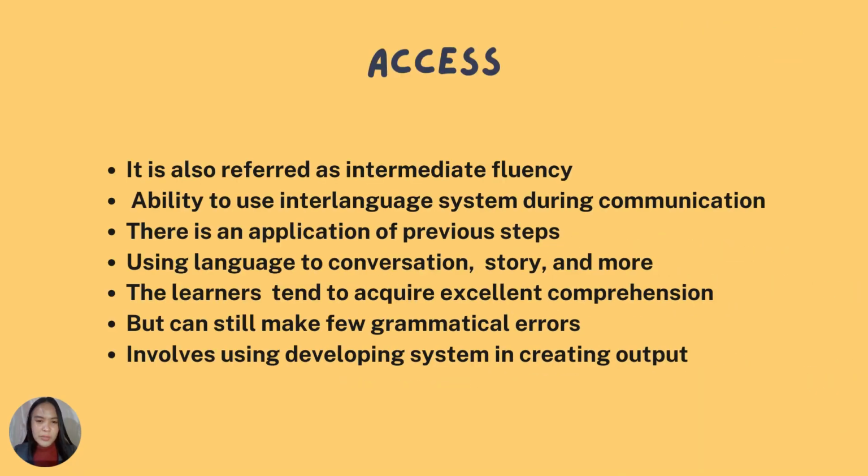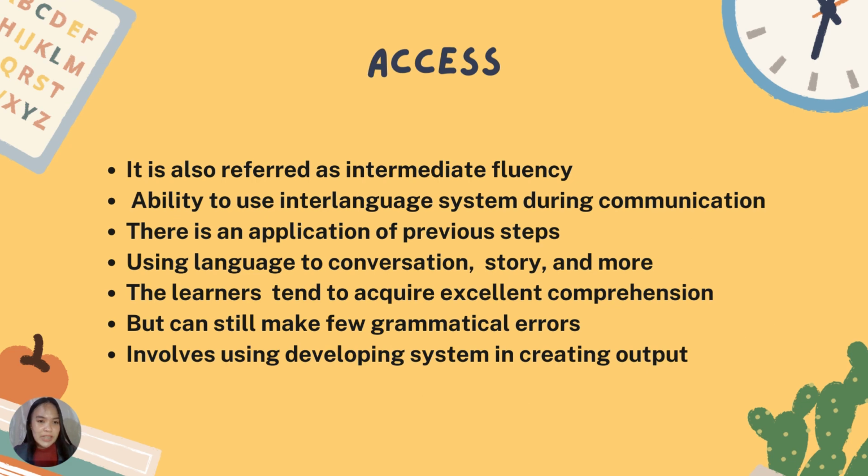So what do we mean by access? In here, another term for access is intermediate fluency. This is the ability to use the interlanguage system, just like what we discussed earlier, during communication. Since we are now knowledgeable enough regarding it, we tend to use it to communicate with others.